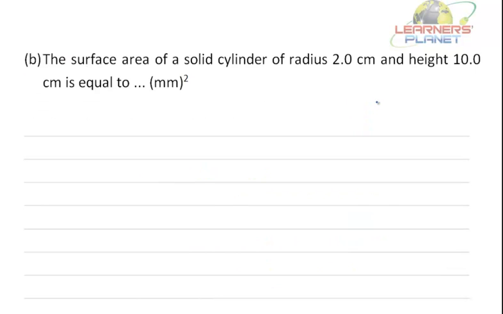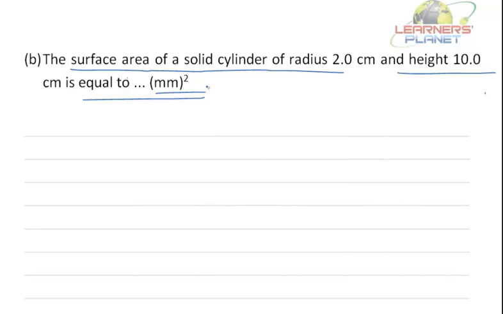Now let us look at the second fill in the blank type question. What is stated here is the surface area of a solid cylinder of radius 2 centimeter and height 10 centimeters is equal to dash millimeter square. Now here we have to take the conversion into mm, right?